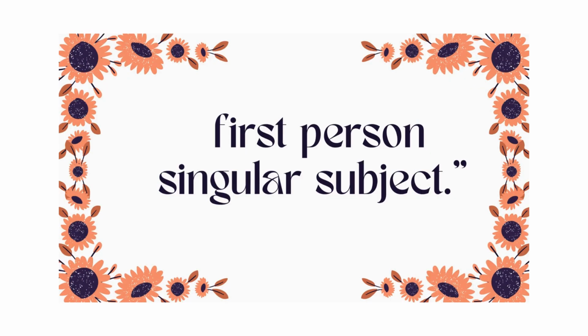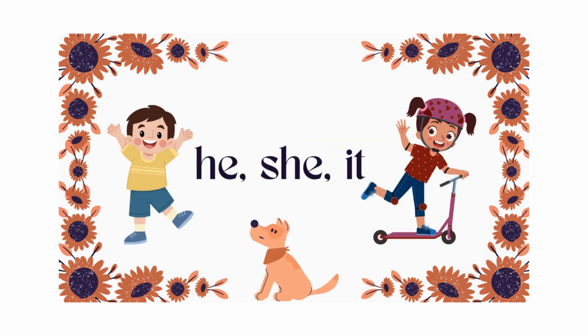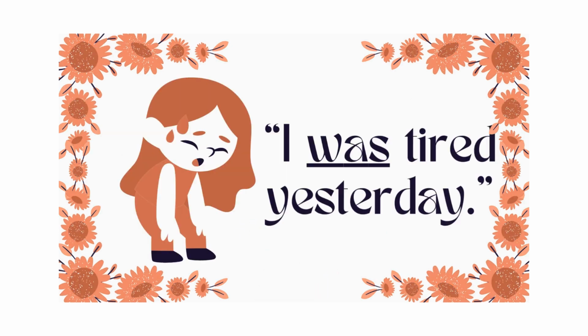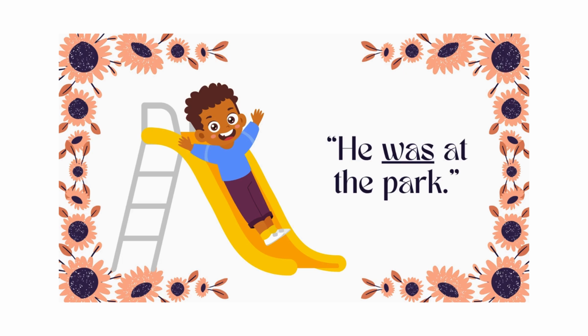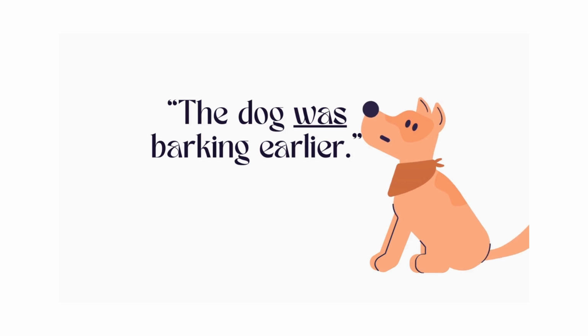Was is used with the first person singular subject, I, and the third person singular subjects, he, she, it, or other singular nouns. Examples: I was tired yesterday. He was at the park. She was excited about the trip. The dog was barking earlier.